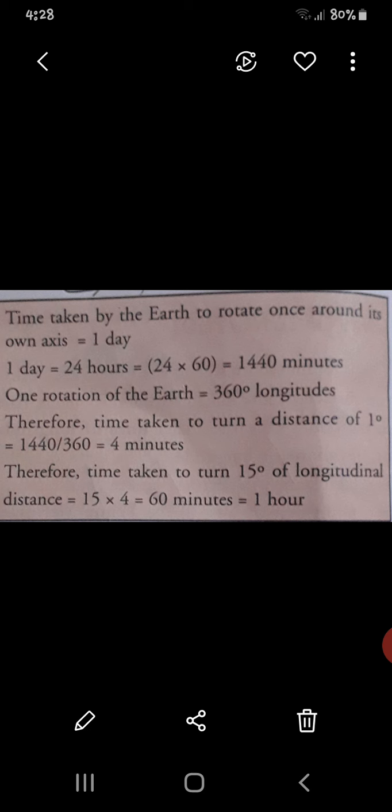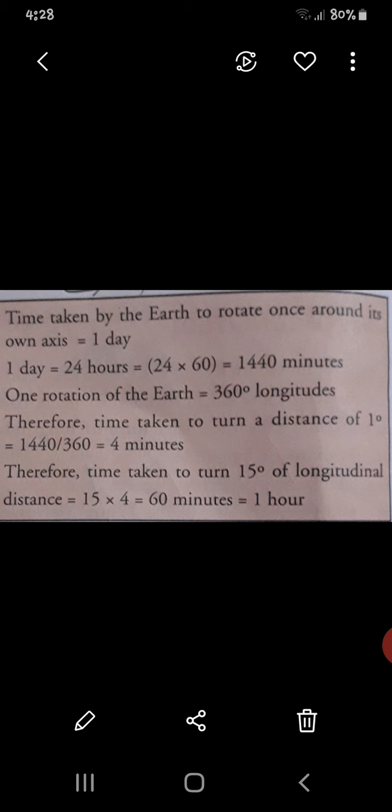This much is clear to you, children? So, again I am repeating, when it is 12 noon at Greenwich, the time at 15 degrees east of Greenwich will be 1 hour ahead of Greenwich, which means 1 p.m. But 15 degrees west of Greenwich will be 1 hour behind Greenwich time, so that will be 11 a.m. So you have to see whether the place is in the east or in the west.